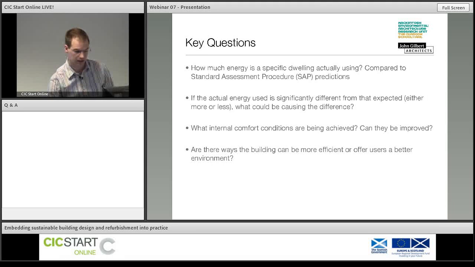Okay, so the methodology, and again, as Tim said at the beginning, we're looking for this to be a kind of quick and dirty post-occupancy evaluation.